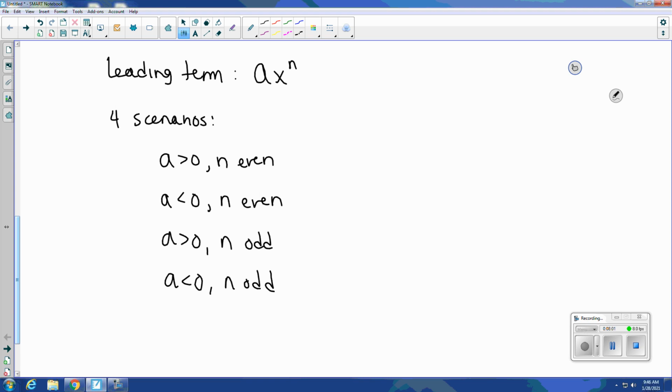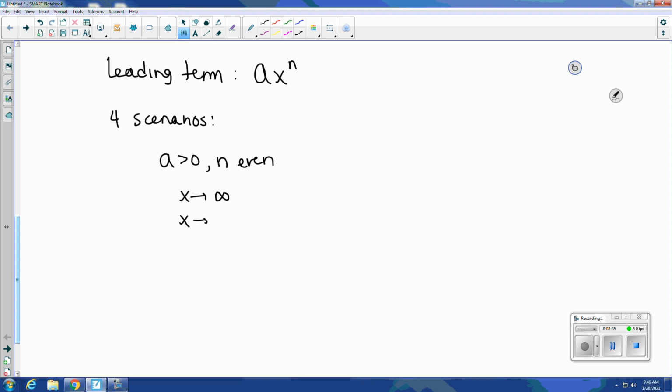So for the first one, the positive even scenario. We know our function spans the entire input axis and therefore extends to positive and negative infinity, and we are interested in where the function heads when that occurs. So in the event that we have an even exponent, imagine taking some value that continually gets larger and raising it to some even power.